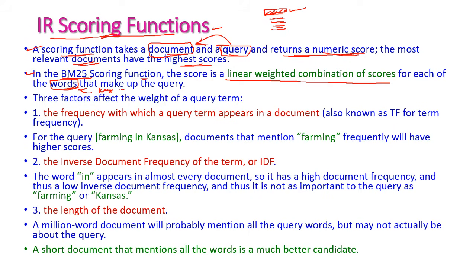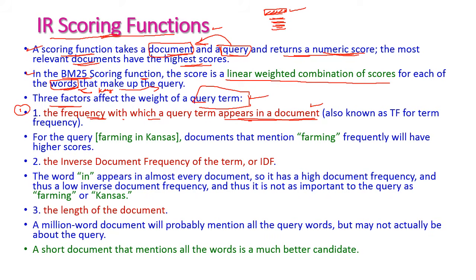Keywords to construct the query, and there are three factors which will affect the query term. What are the three factors? The first one is the frequency with which the query term appears in the document.